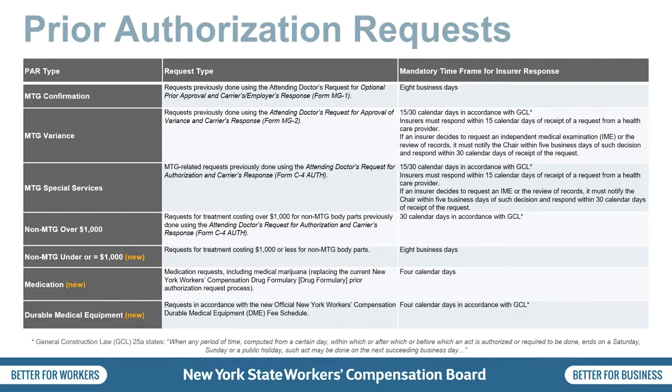The special services PAR includes the 12 medical treatment guideline related requests previously done using C4 auth. The non-MTG over $1,000 PAR will be used for non-MTG treatments costing more than $1,000. There will also be a PAR for non-MTG treatment costing $1,000 or less.